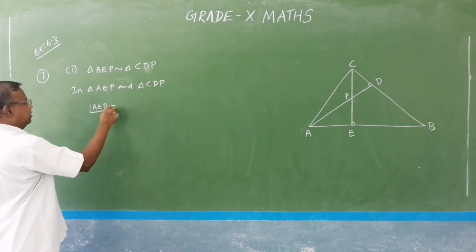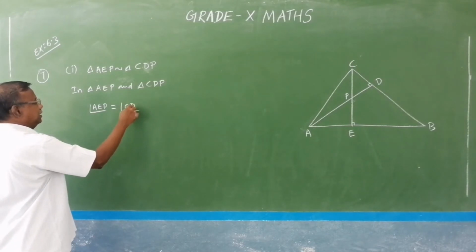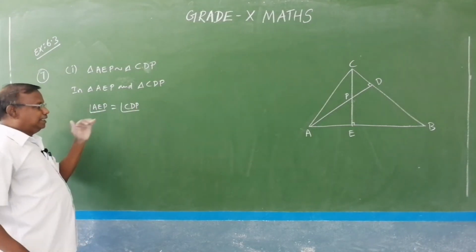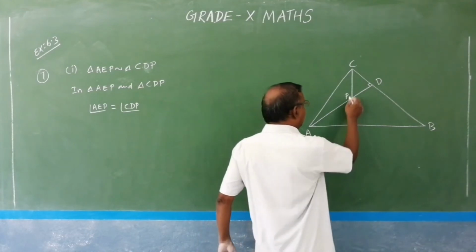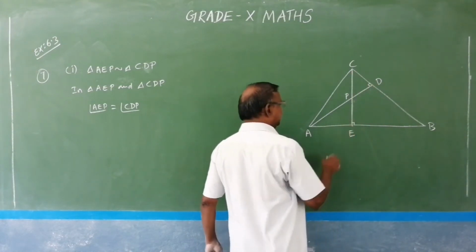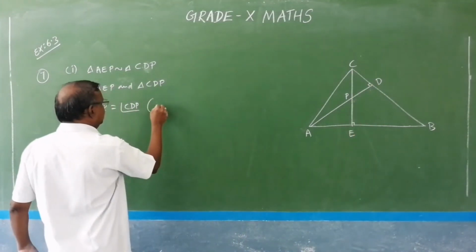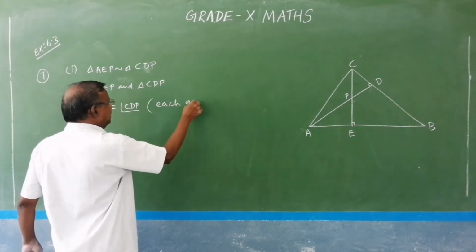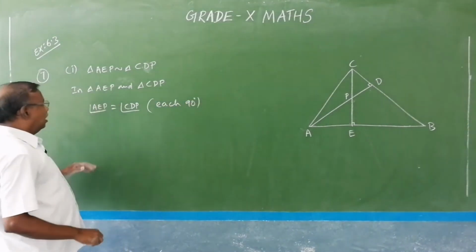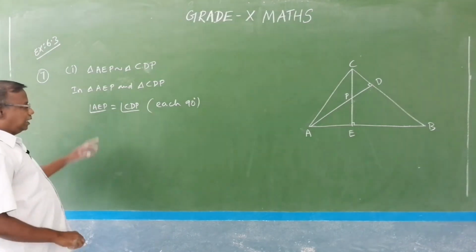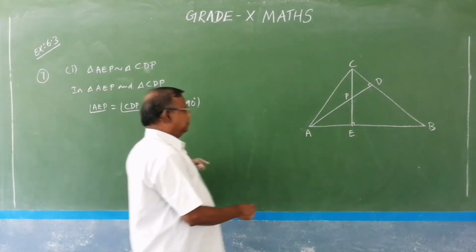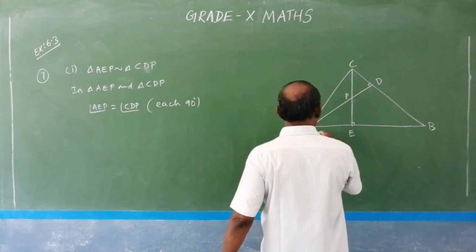AEP and CDP are both 90 degrees. So each is 90 degrees.